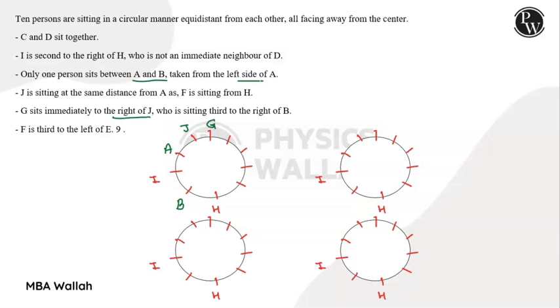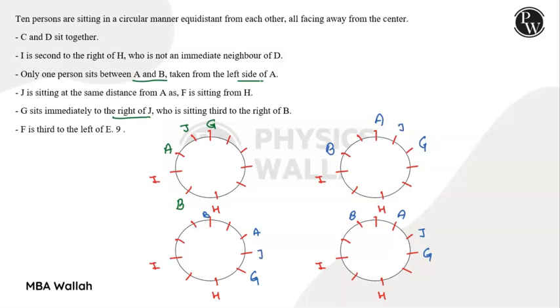Now this same pattern will be followed for the other cases: between A and B there will be only one person, then A will be the neighbor of J, J will be the neighbor of G. So if B is sitting here, then A will be here, then J and then G. Moving further, if B is sitting here, then A will be sitting here, then J and then G. And similarly, if B is sitting here, then A will be sitting here and then J and G.